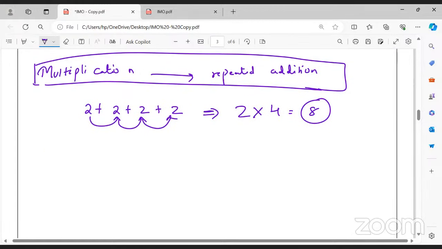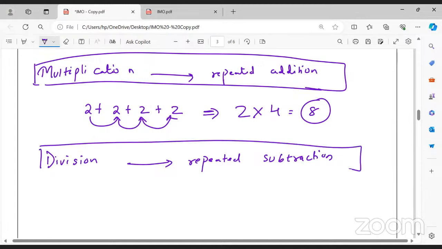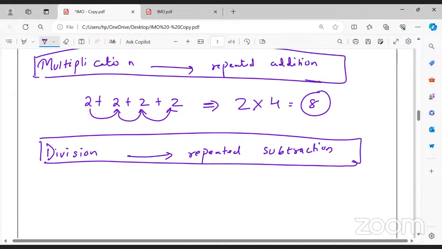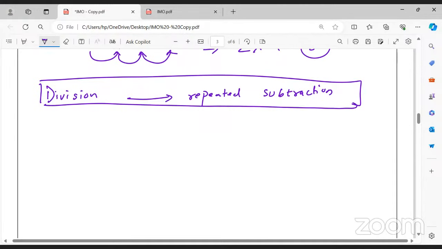Now, why is division called repeated subtraction? Who can tell me this answer? Why is division called repeated subtraction? Okay, very good.